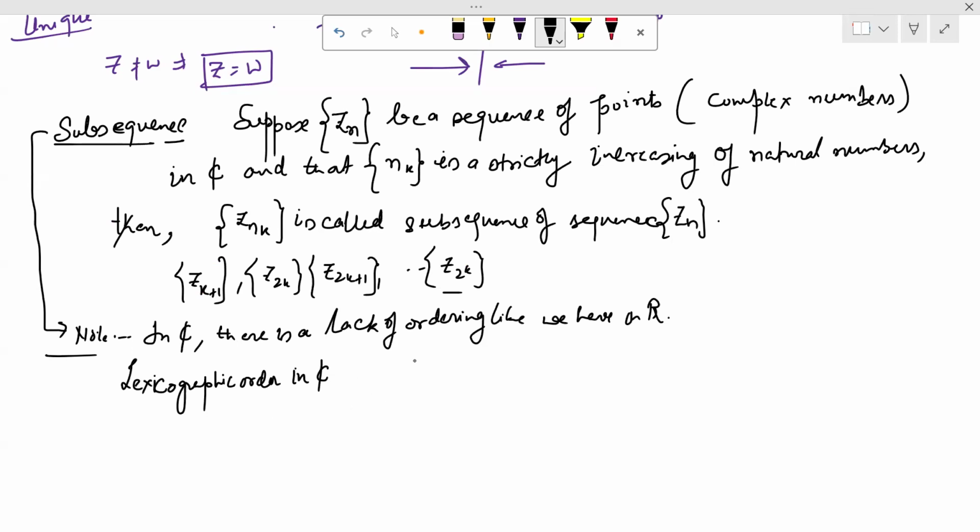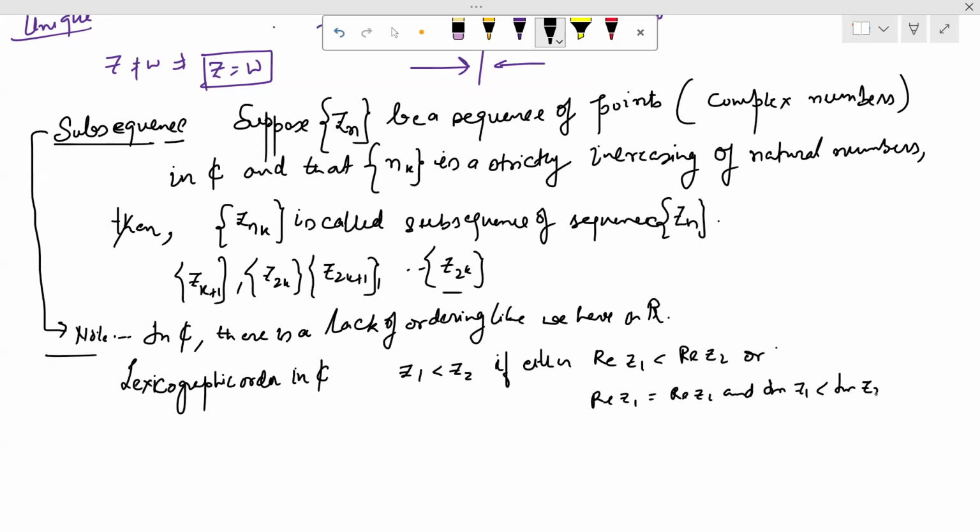So how do we define that? Let's say I'm saying that Z1 is less than Z2. Then lexicographic order is defined in this way. Z1 can be less than Z2 only if either you compare the real parts, that is real Z1 is less than real Z2, or real Z1 becomes equal to real Z2 and imaginary Z1 is less than imaginary Z2.